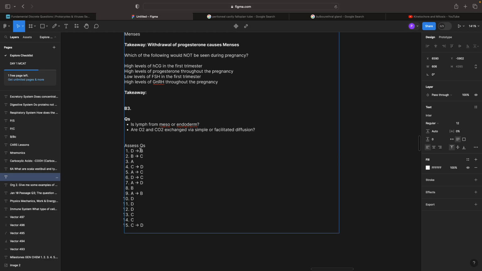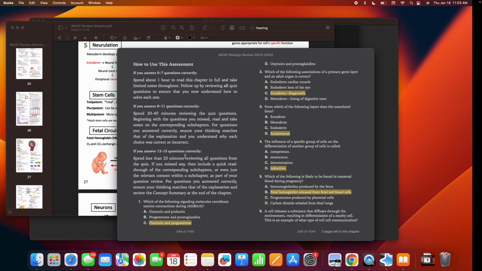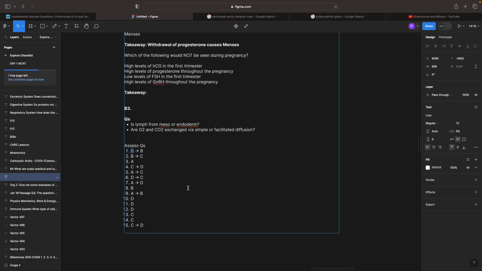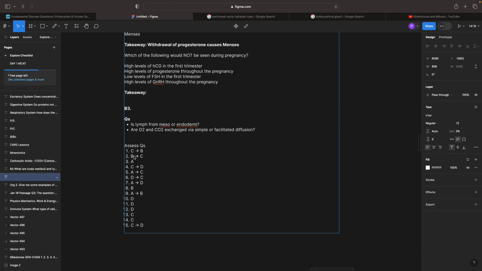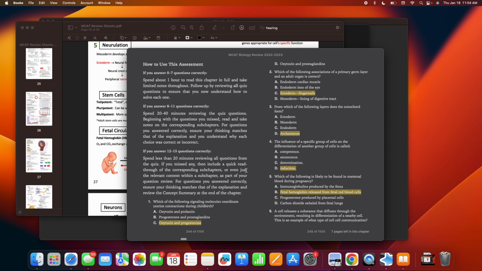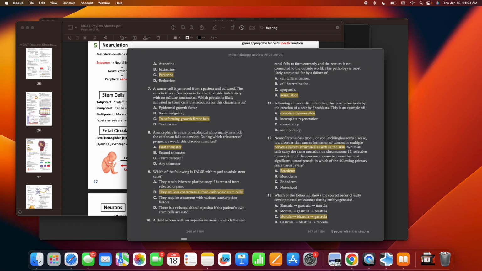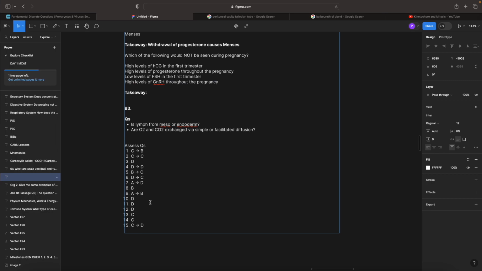Okay, so for 1 we put C, for 2, so we have C, D, D, B. So for 6 we have C, C, A, B.